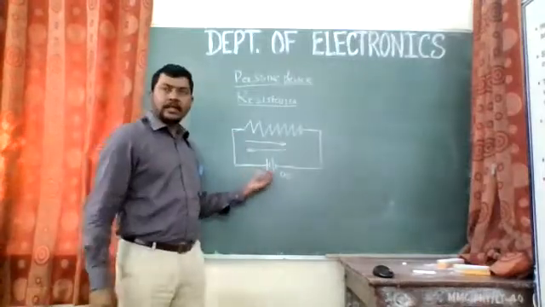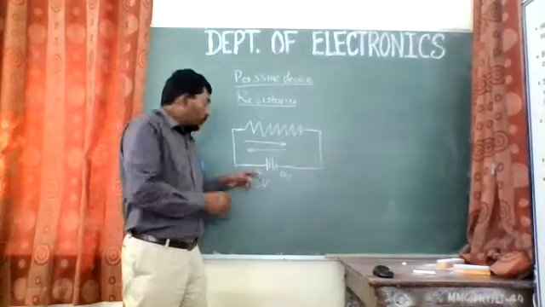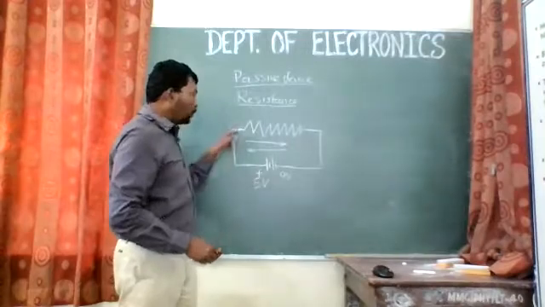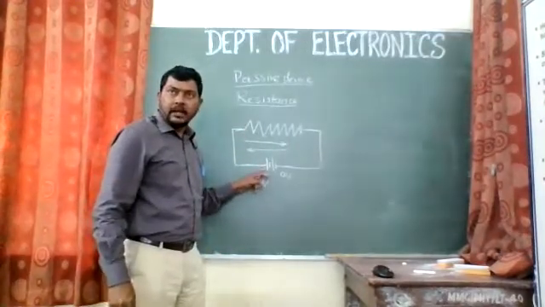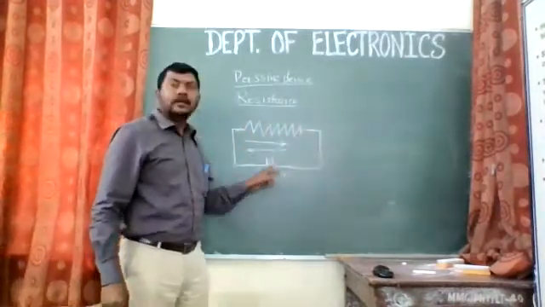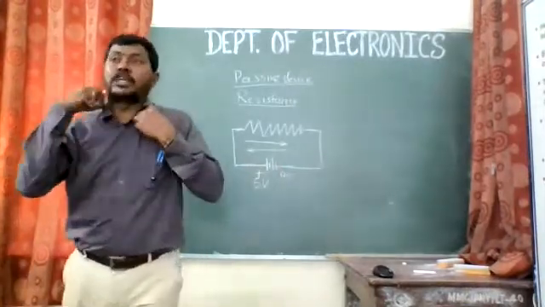So if I connect a circuit like this, and we call this the positive terminal, what happens? The positive charges are going to be repelled by this positive terminal, and they are going to travel through this circuit to the negative terminal. We call this the rate of flow of charges.